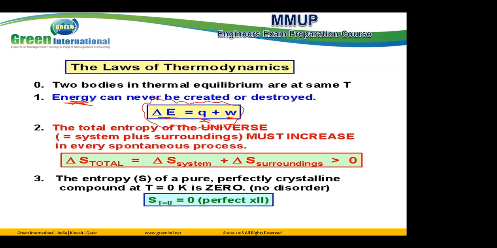When I put the diaphragm back again, can the gases be separated again? Normally no. It is very difficult. Why? Because of the randomness of the molecules, entropy happens.